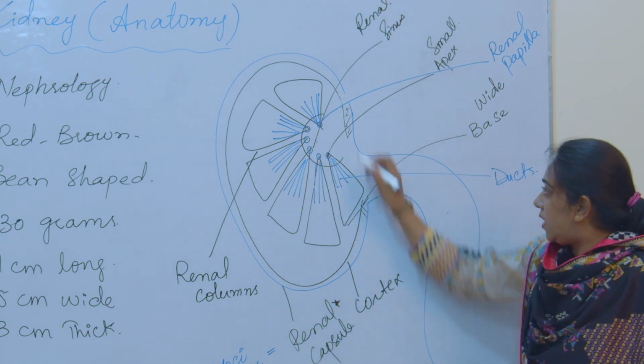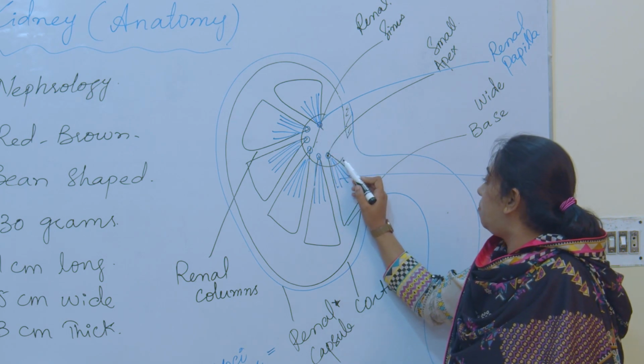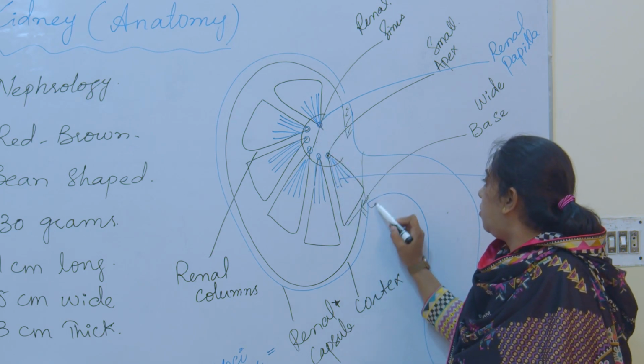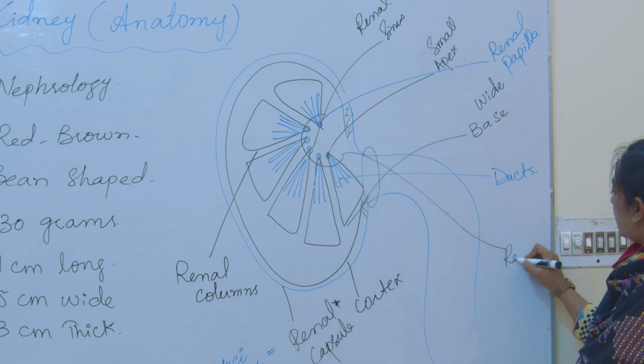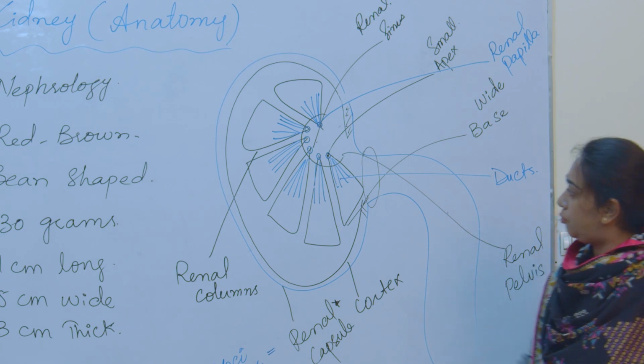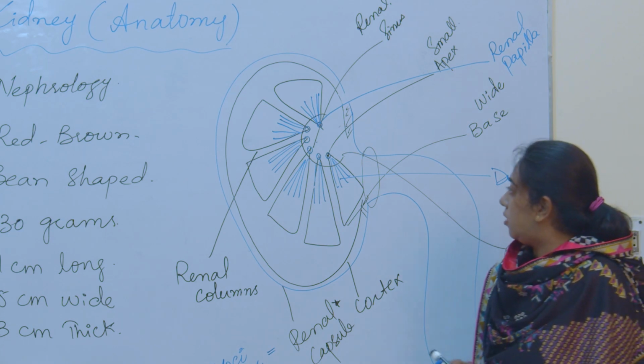While this whole thing is connected to the ureter, this cavity is actually the renal pelvis. The renal pelvis is a space where everything is gathered, and then it goes out.